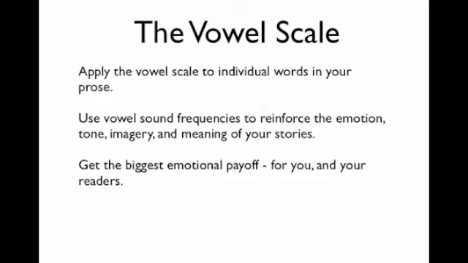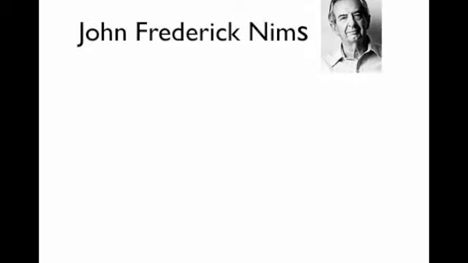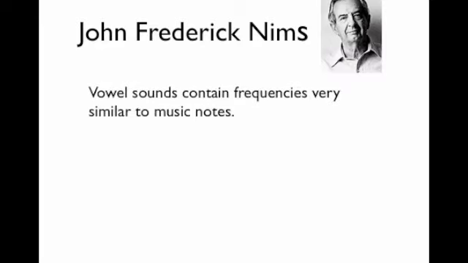Okay, so let's begin. The poet John Frederick Nims is the man who introduced this idea of the vowel scale, and he said that vowel sounds contain frequencies very similar to music notes, right? And these frequencies cause different emotional responses in the reader.